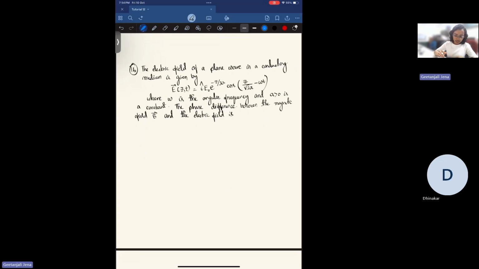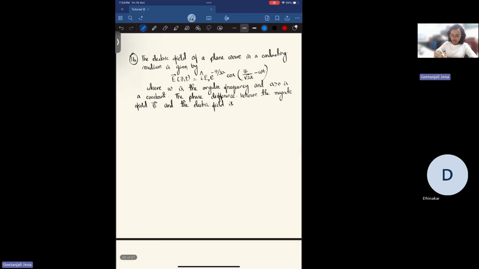Okay, so let us see our 16th question. Given the electric field of a plane wave in a conducting medium, it is given by E(z,t) = i cap E0 e to the power z by 3 cos(z minus root 3 minus omega t).